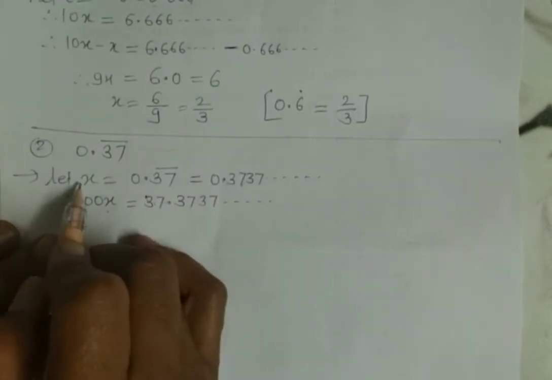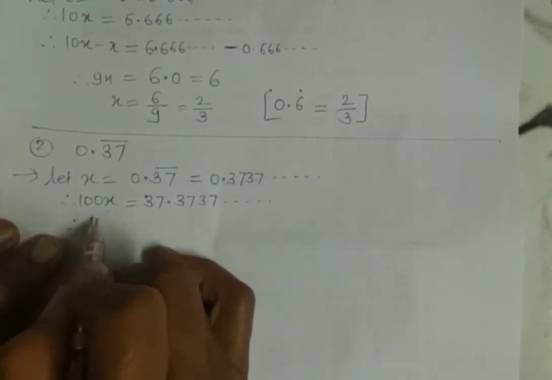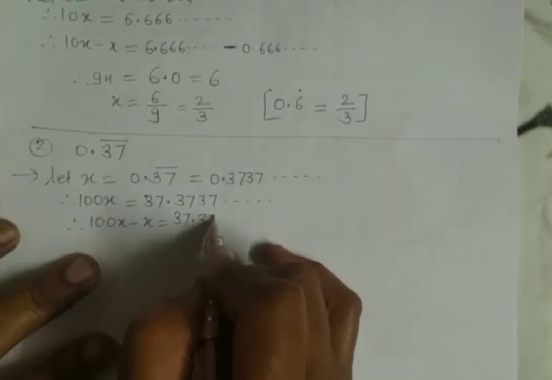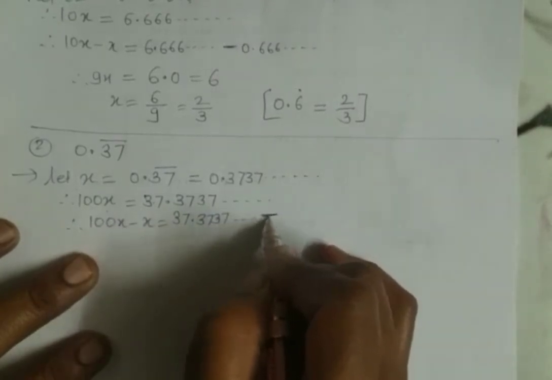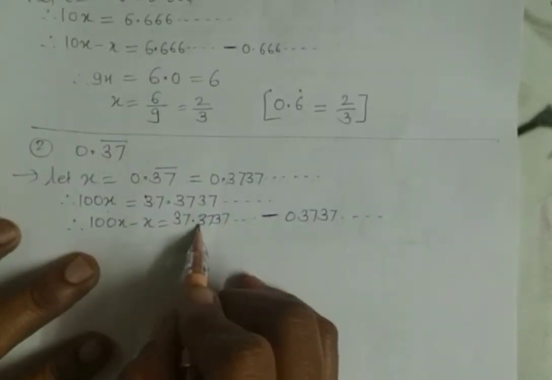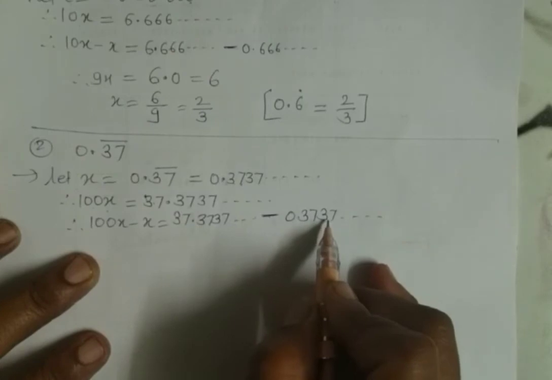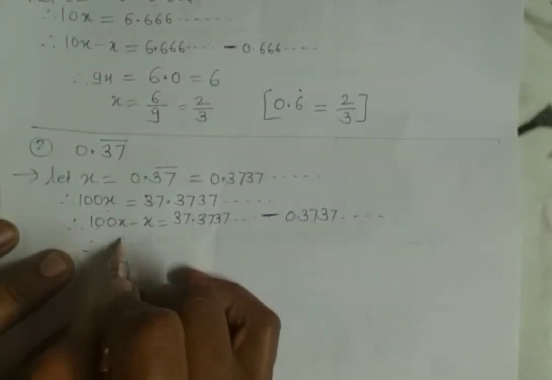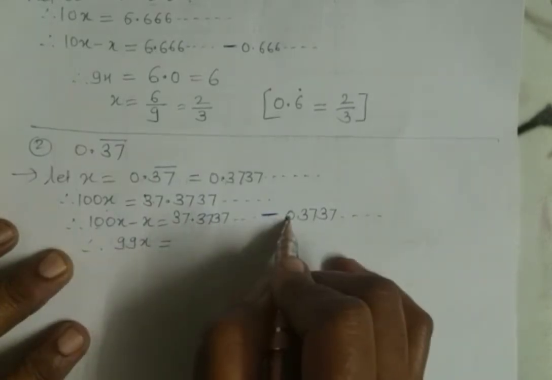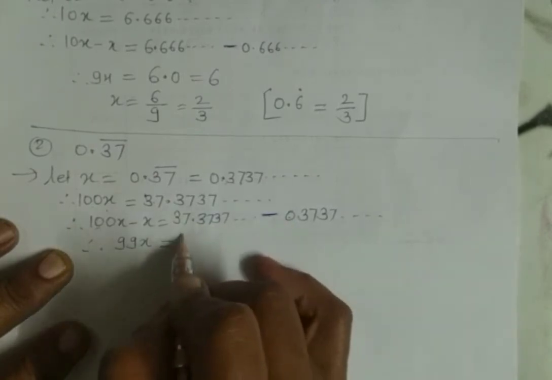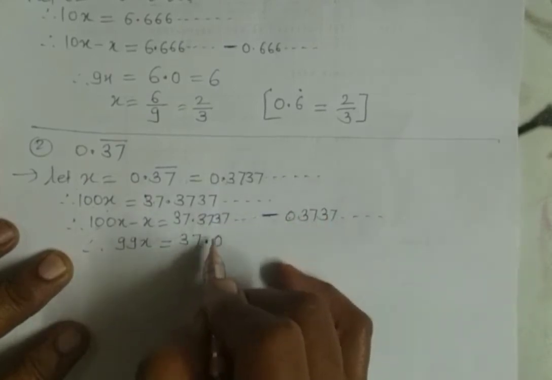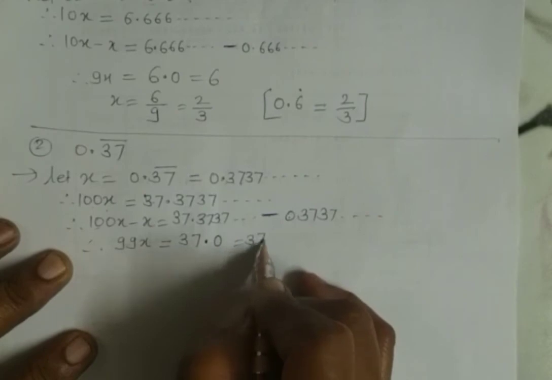Now I subtract x from 100x, so 100x minus x is equal to 37.3737... minus 0.3737.... Here the right side of the decimal point is the same, so 100x minus x, that is 99x, is equal to 37 minus 0. On the left side of the decimal point it will be 37, and the decimal part is eliminated, so 37.0, which we can write simply as 37.